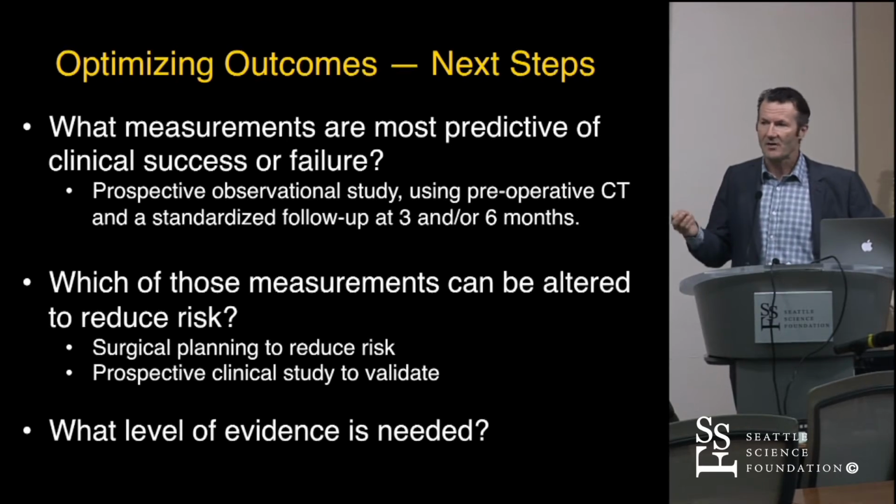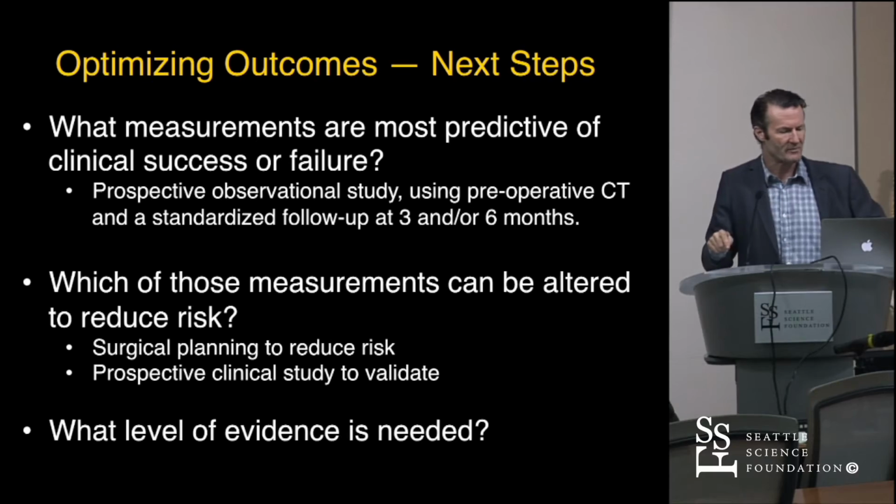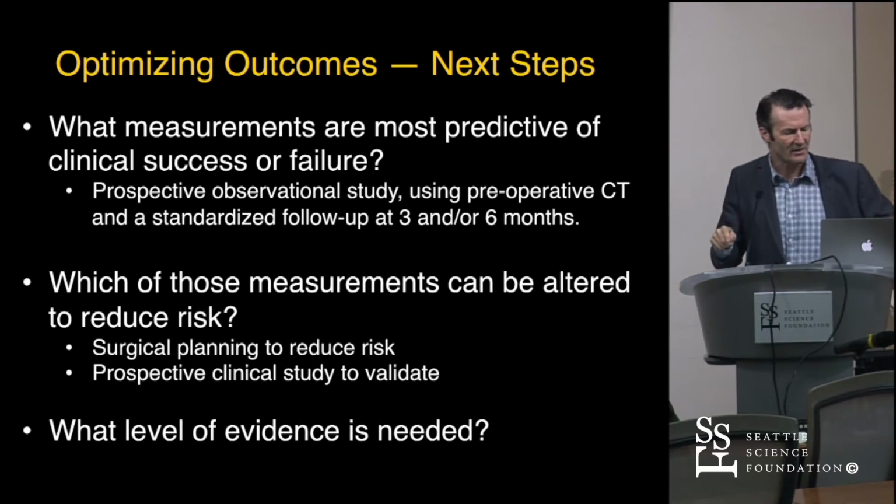Of course, being very practical, you're only interested in measurements that you can change, right? If I can't change the risk factor in a sense, it's almost academic. So we want to be very focused on putting our finger on the things we can change with your surgical plan or with drug treatment, because that's the only thing that's going to affect the clinical outcomes.